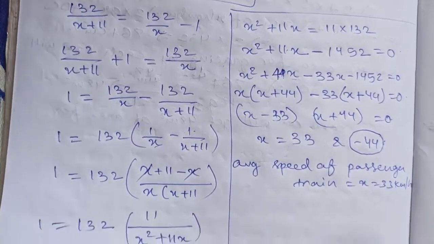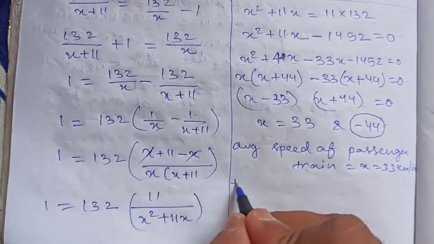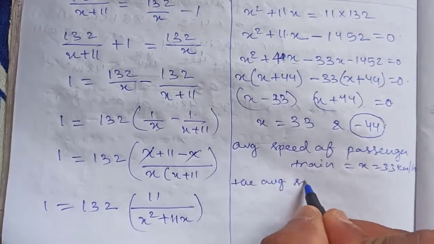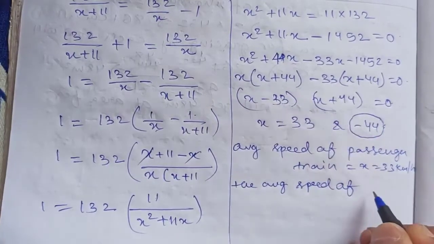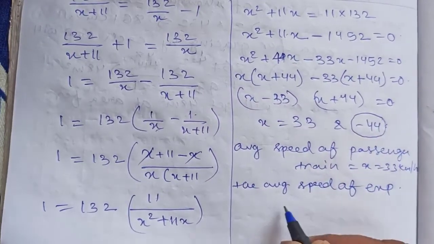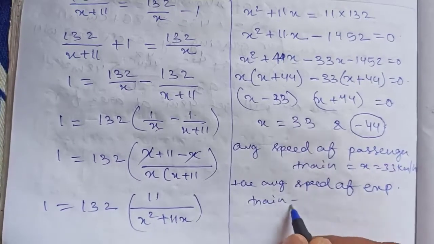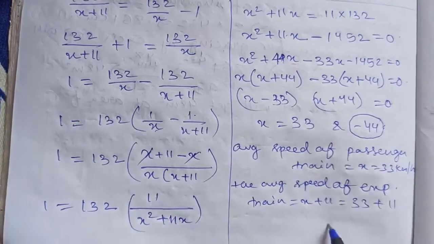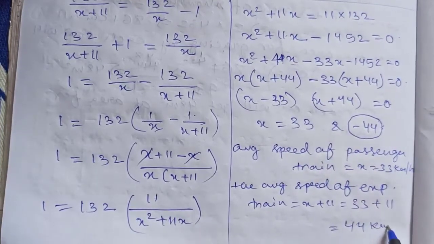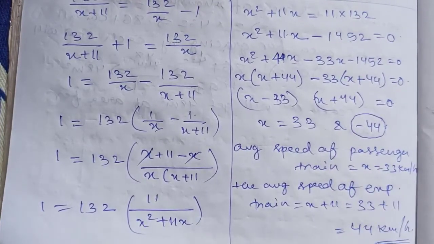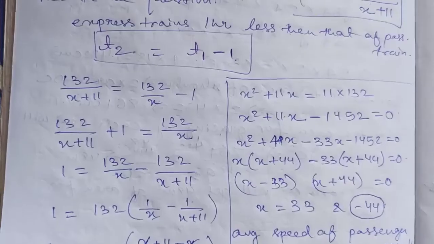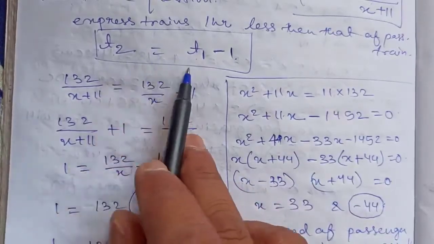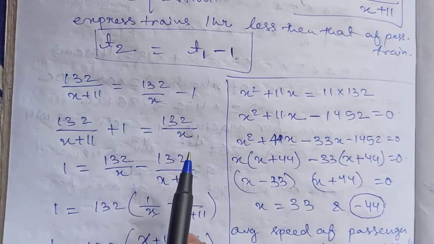Okay, similarly the average speed of express train is x plus 11, that is 33 plus 11, that means 44 km per hour is the speed of the express train. So by relating the time between both the trains, you can easily get the answer of the question.